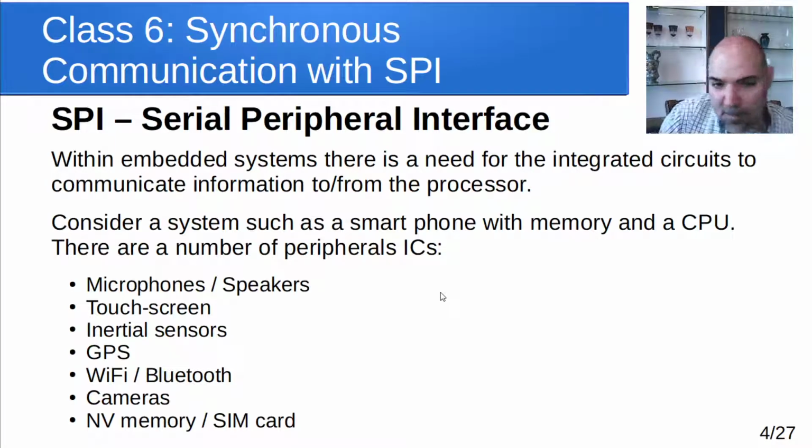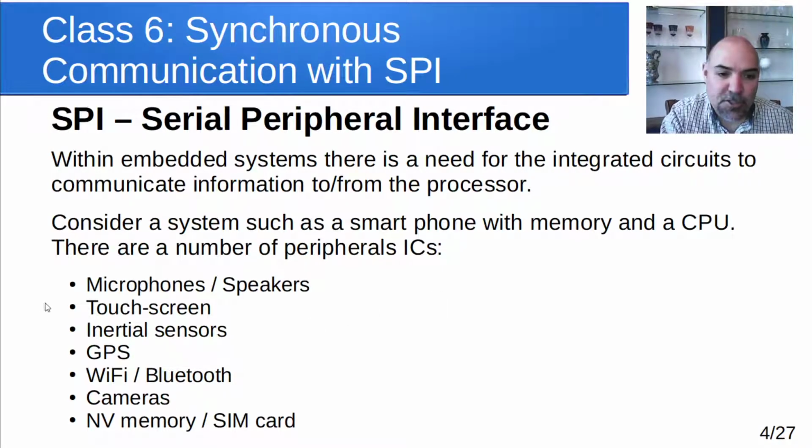So consider an embedded system like a smartphone that has memory and a CPU inside of it, but it also has a number of peripheral devices. For example, it has a touch screen, it's got a fingerprint sensor, it's got these buttons on the side, it's got a speaker when you put it on speakerphone and listen. It's got a microphone that when you talk, it can hear things. It's got network connectivity of several forms, GPS. There's a lot of stuff in there.